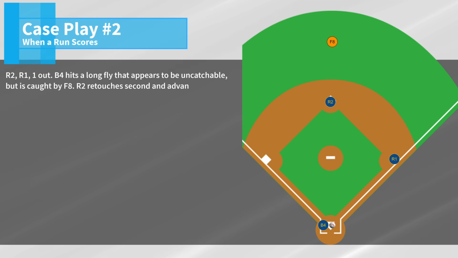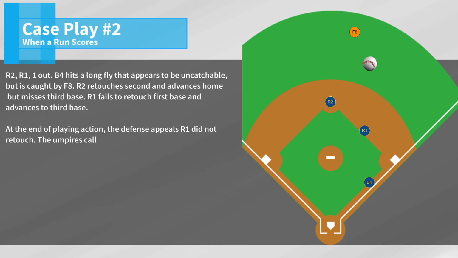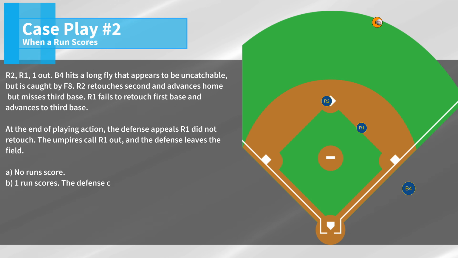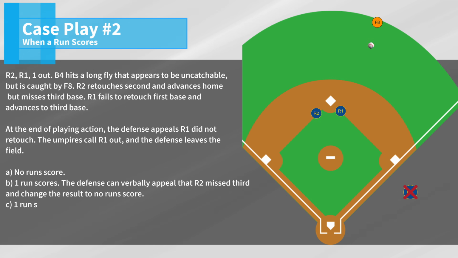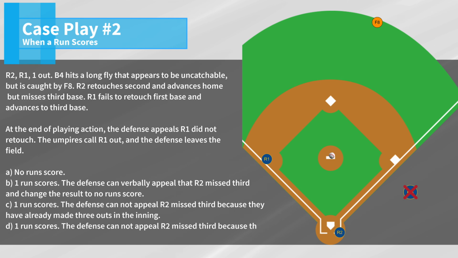Case play number 2. R2, R1, 1 out. B4 hits a long fly that appears to be uncatchable but is caught by F8. R2 retouches second and advances home but misses third base. R1 fails to retouch first base and advances to third base. At the end of playing action, the defense appeals R1 did not retouch. The umpire calls R1 out and the defense leaves the field.